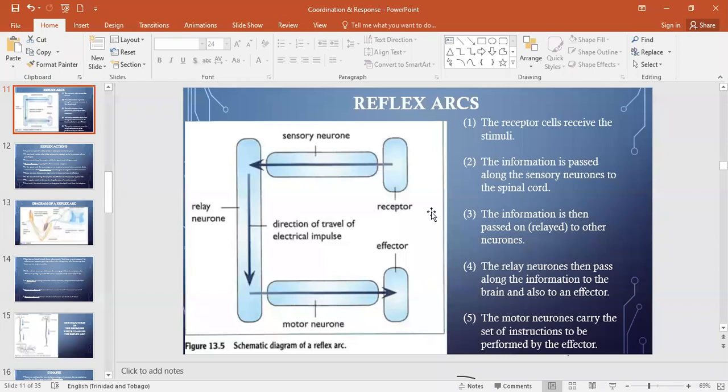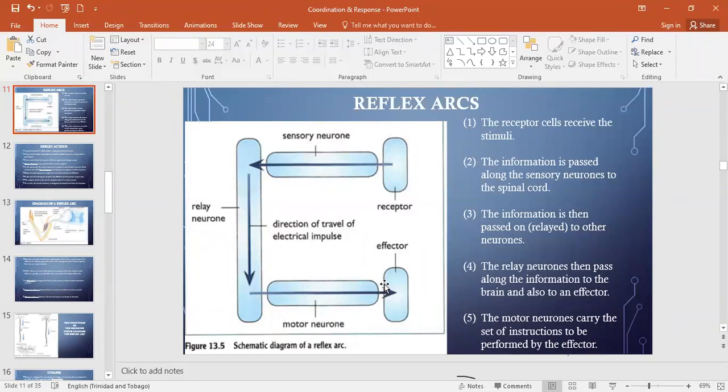Okay, and even though the information is passed on to your spinal cord and relayed there, the information goes to your brain, but it would go to your brain a little bit after. So in the case of you touching a hot pot, your spinal cord would just issue the command to your effectors to get you to pull away, right?